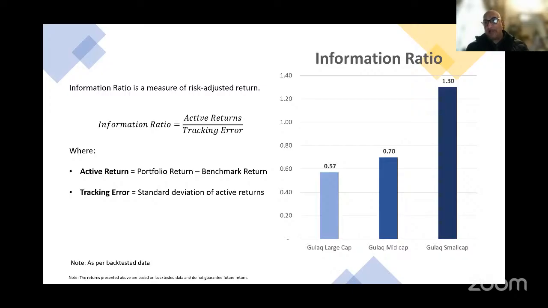Whereas in small cap, the risk is higher, but the ability to produce outperformance by doing good analysis and good portfolio construction is much higher. So the information ratio is 1.3. This measure is used by portfolio managers to indicate how much value we can add by our investment process. So that's an indication of this quantitative methodology and the backtest that we have completed.